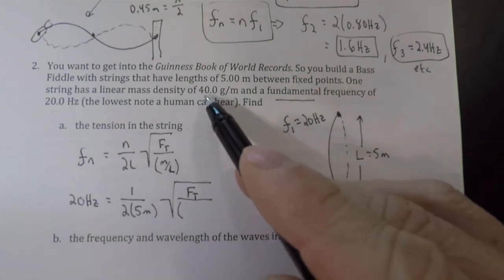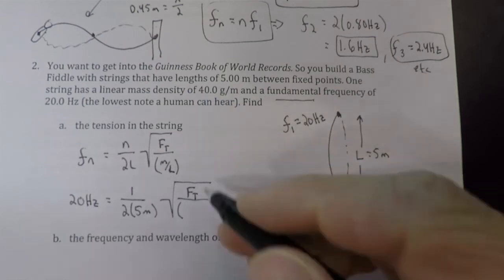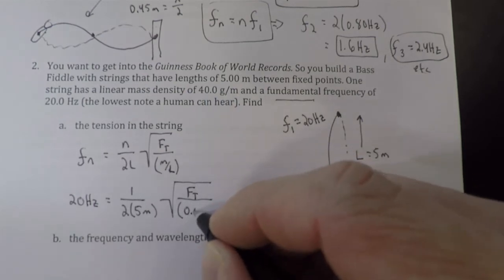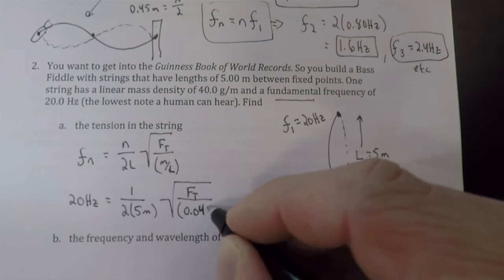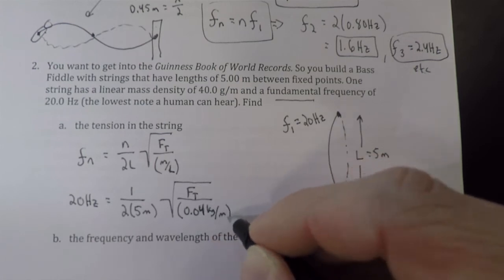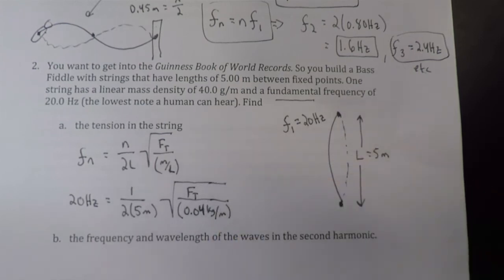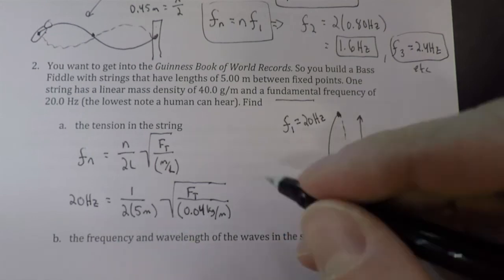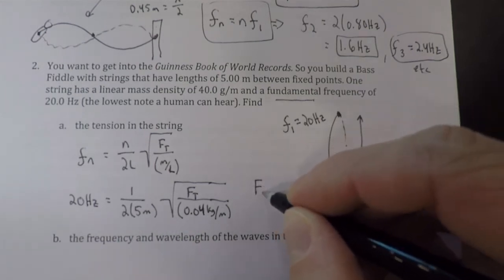Although I do have to be careful with my units. I'm going to divide this by 1,000 to get this in kilograms instead of grams. So it's 0.04 kilograms per meter. And now I'm going to get newtons of force. So this can be solved. I can multiply both sides by 10, square it, multiply by 0.04, and we can find our tension.